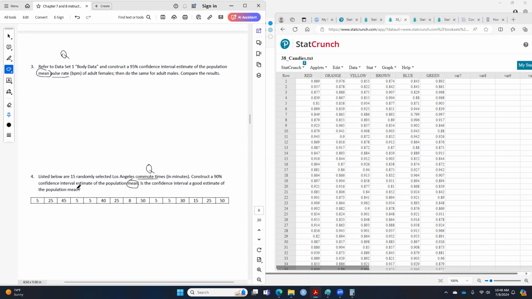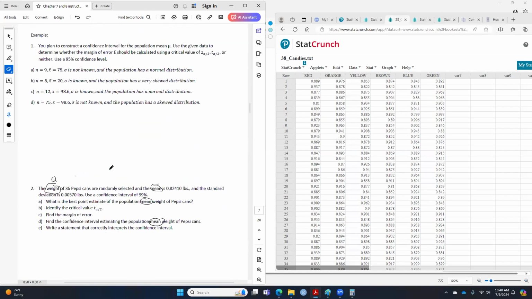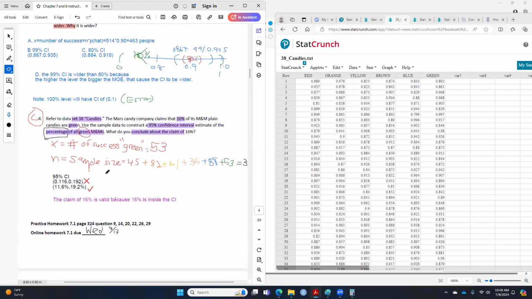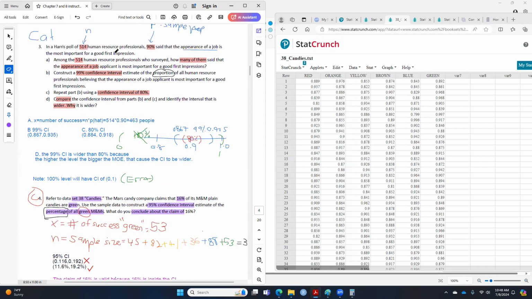Again, you don't see the word proportion or the word percentage here. Okay. So you see the difference between the population mean that is given in this example and the population proportion that we just did, where they will use the word percentage, they will use the word proportion.